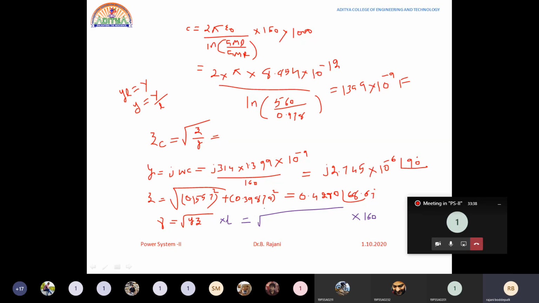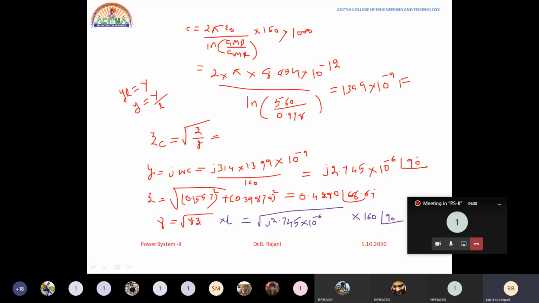See this one. What is small y I am having? j into 2.745 into 10 to the power of minus 6 at an angle 90. Here I'll place the angle 90.